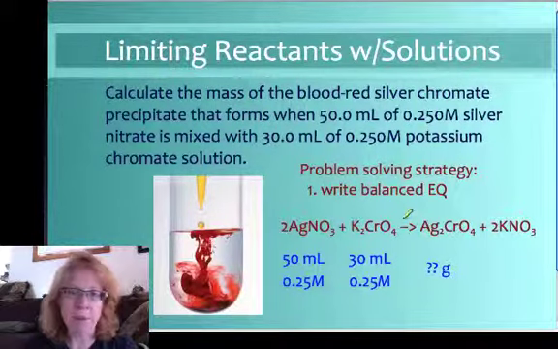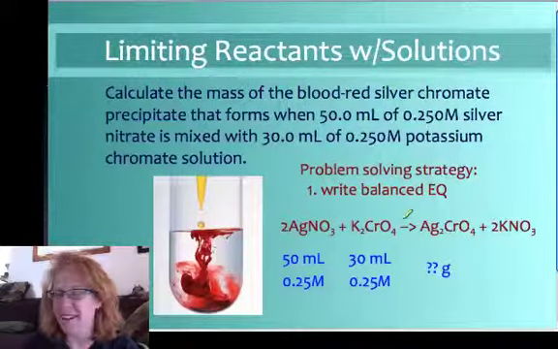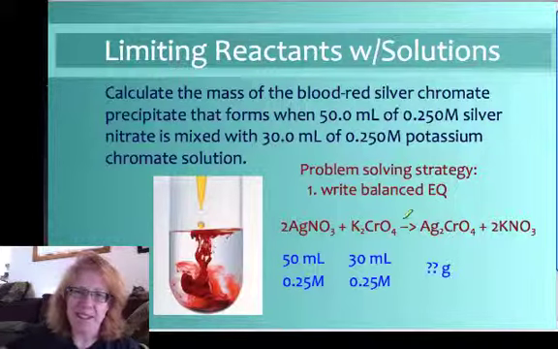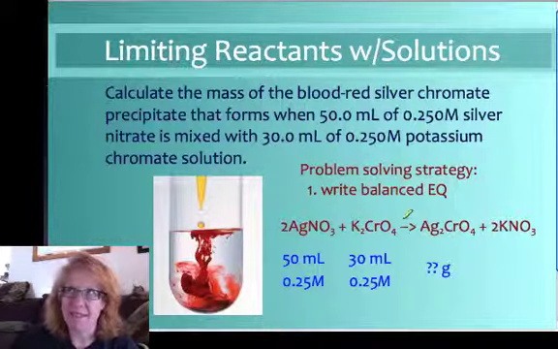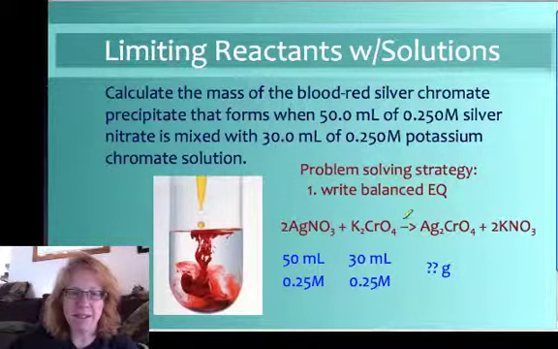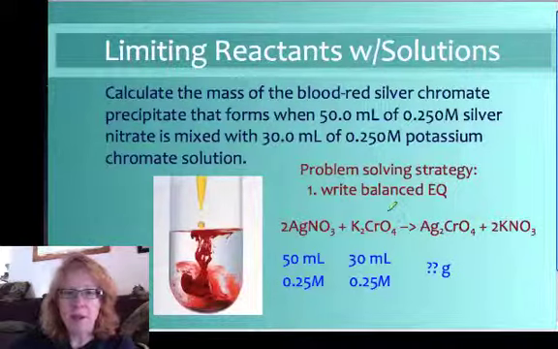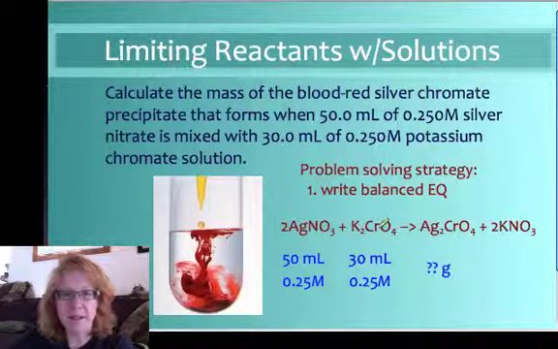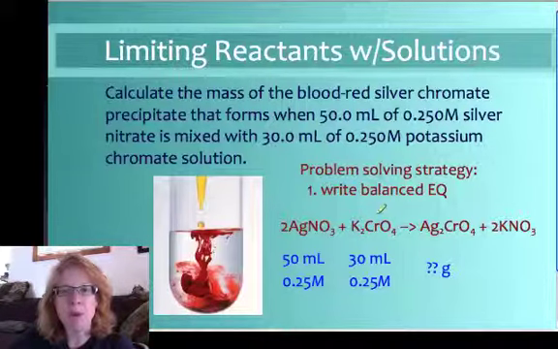And again, this is probably where you need to get out your periodic table, your calculator, perhaps your little table that's got all the polyatomic ions on it. But anyway, here it is for you. Silver nitrate is one of our reactants, and here it is, AgNO3. Potassium chromate is our second reactant, and there it is, K2CrO4. Chromate's a 2-, so it's K2. And we get 2 different products.